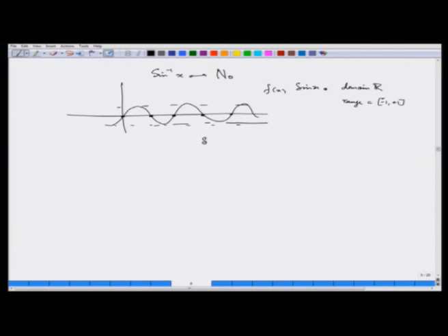So, sine inverse 0 occurs at n pi. But when you write sine inverse 0, in many cases we just write it to be 0, meaning we are using one of the values of this set of numbers.